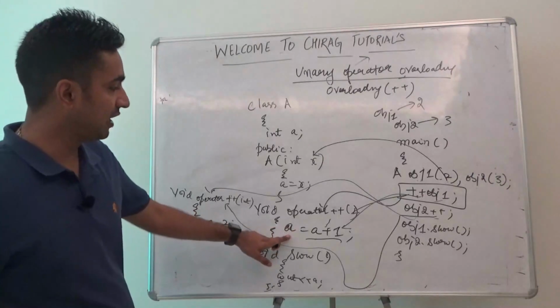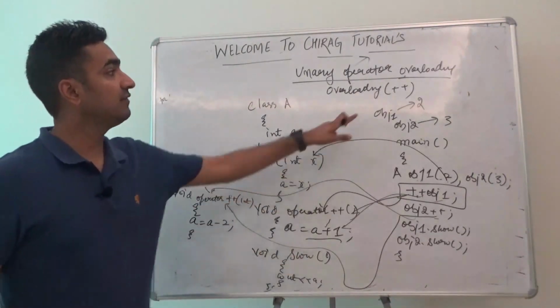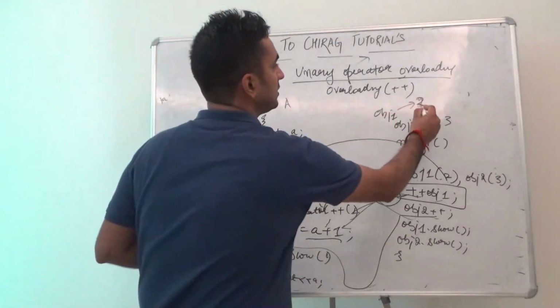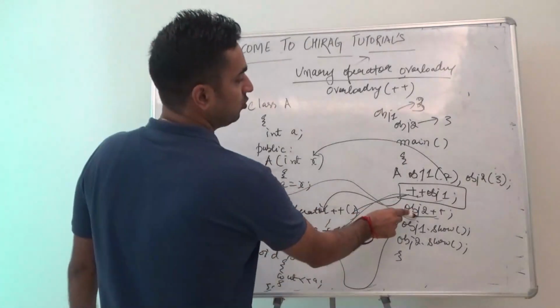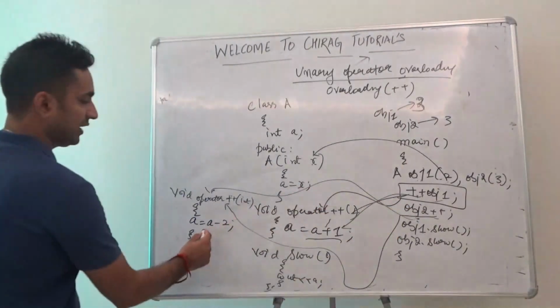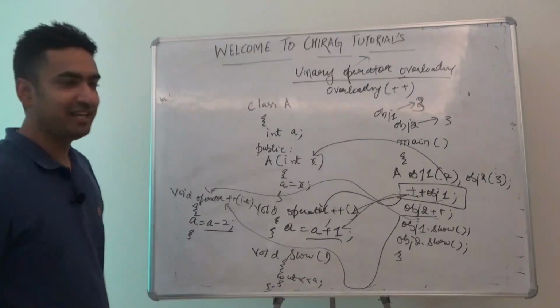So the a value will be a plus 1 for object 1. Object 1's a value was 2, now it becomes 3. Then you are writing obj2 plus plus, you come over here, and over here you have clearly mentioned a is equal to a minus 2.